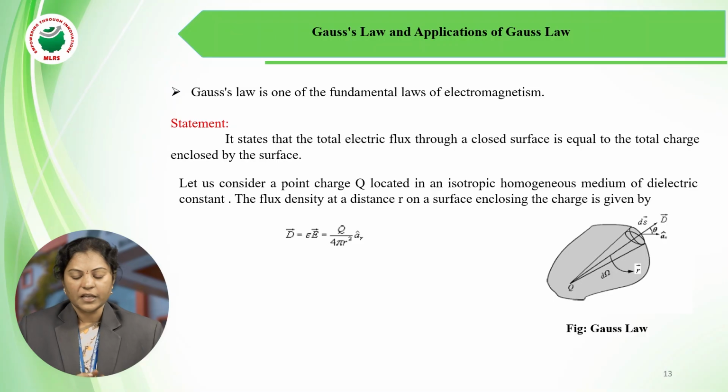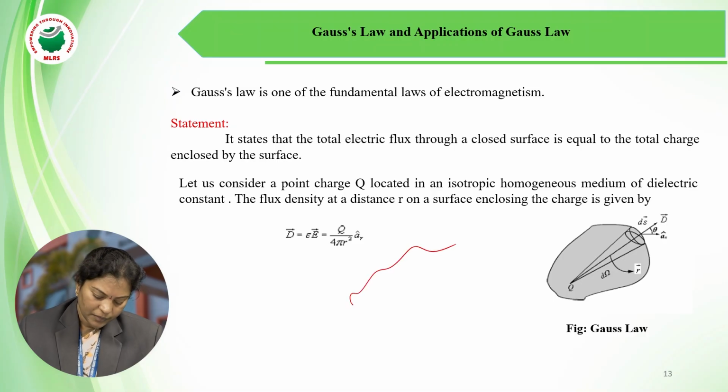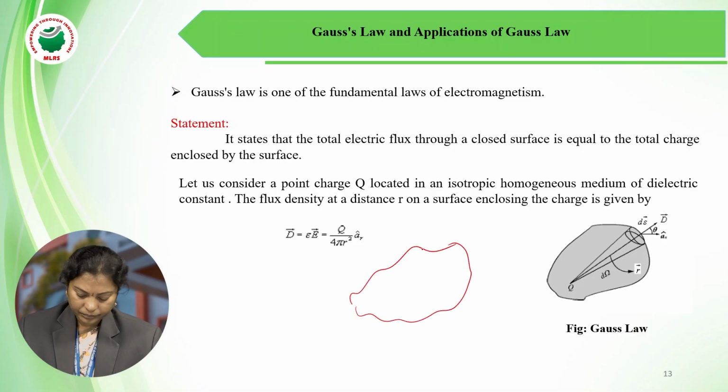This Gauss law is a fundamental law of electromagnetism. Gauss law states that total electric flux enclosed in a closed surface is equal to the total charge enclosed by that surface. If we consider some closed surface like this, here I am taking some flux, that is psi.